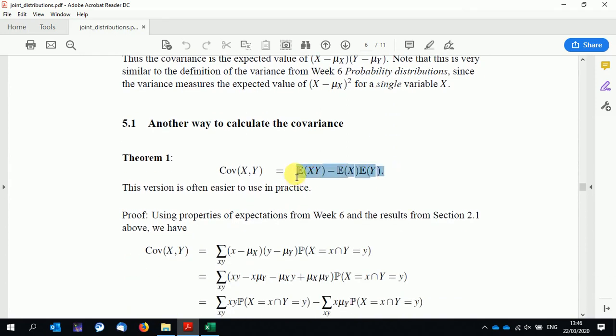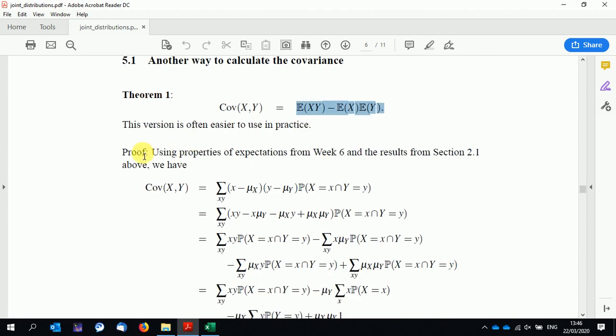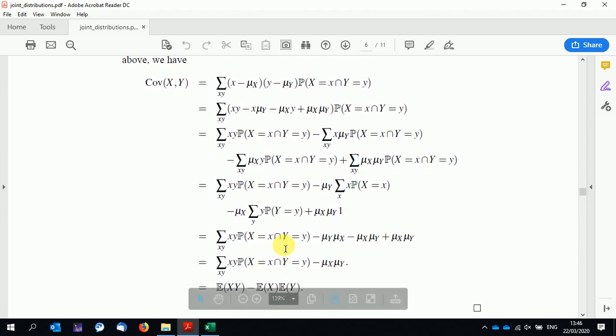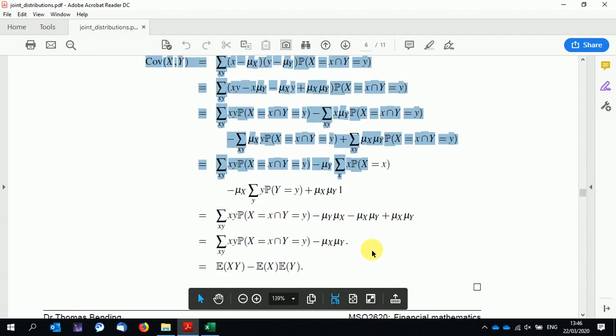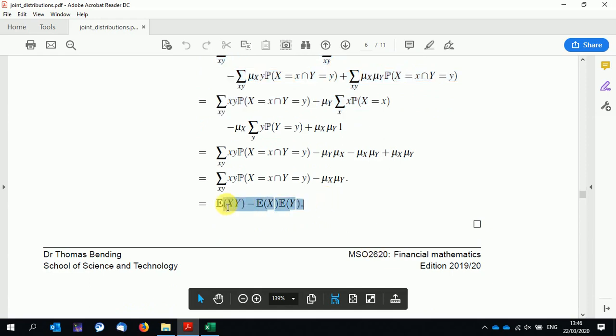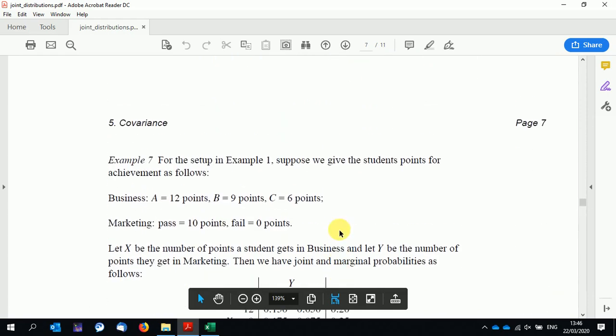This is slightly easier to remember, and we will use this one. The proof is not required for you. You can read it and understand it, that's fine, but in the exams you won't be asked to prove the equation, which you can see here.